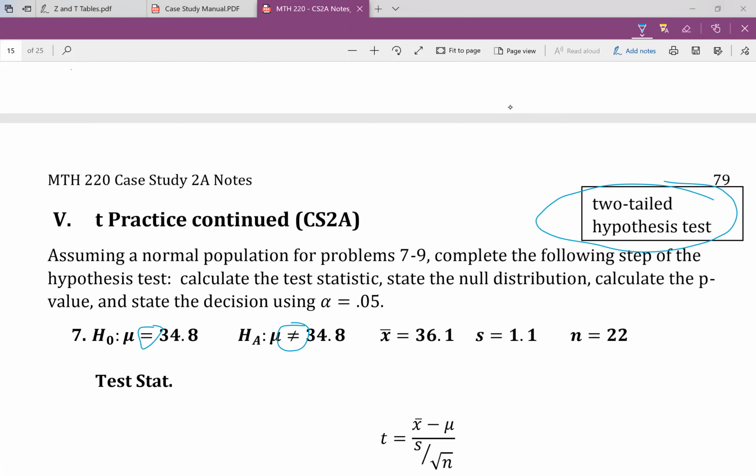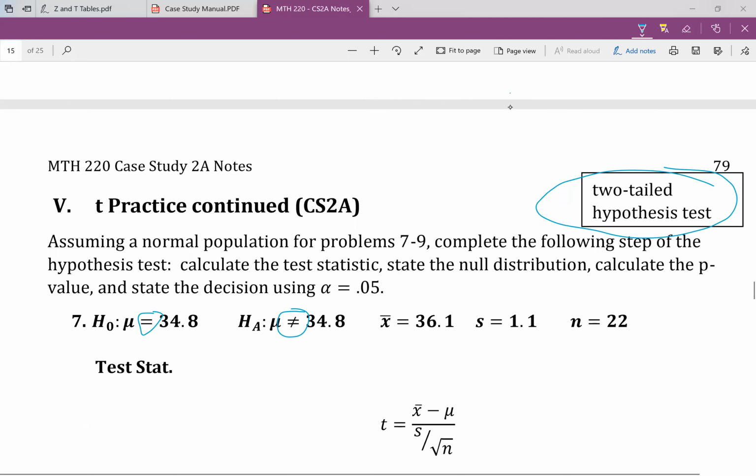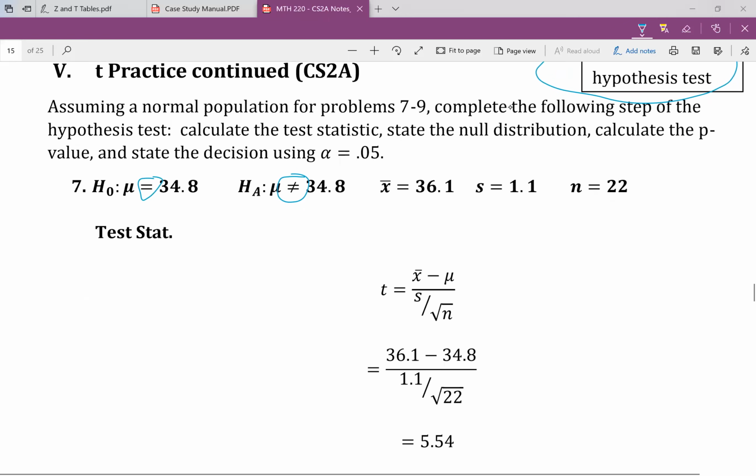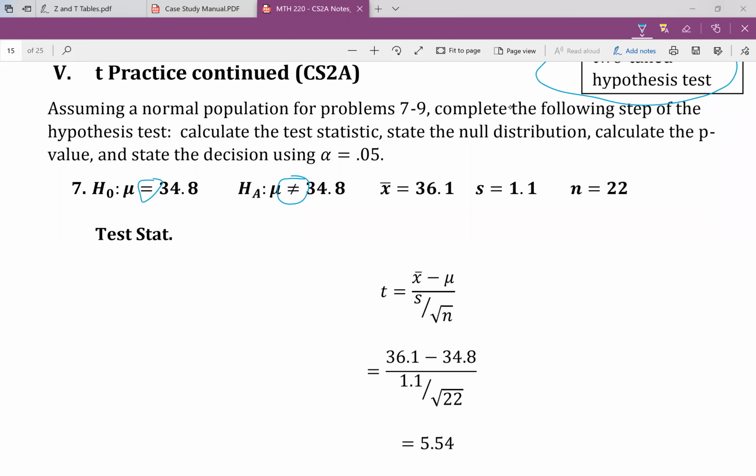So you're going to plug in 36.1 for X bar, 34.8 for mu, 1.1 for S, and 22 for N. Anytime we're doing a calculation, that's a great time to pause, make sure you're doing the calculation in your calculator correctly, and that you get the number 5.54.